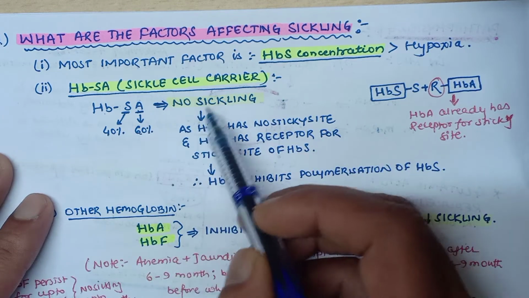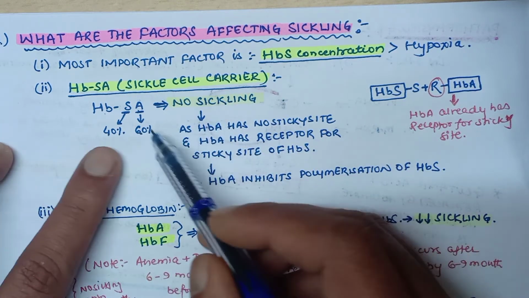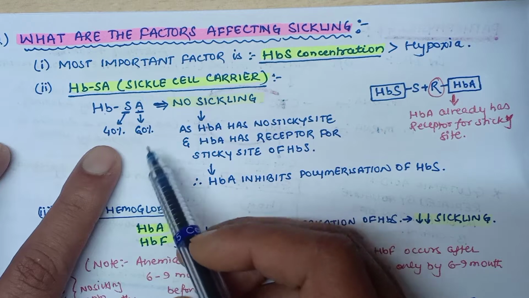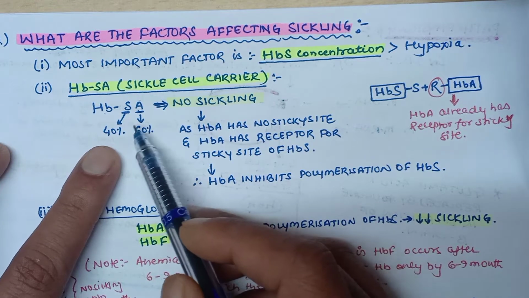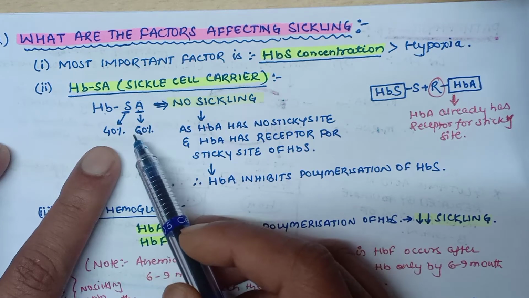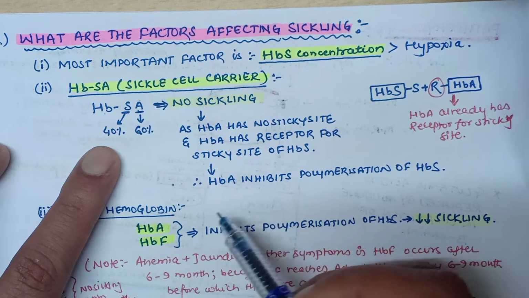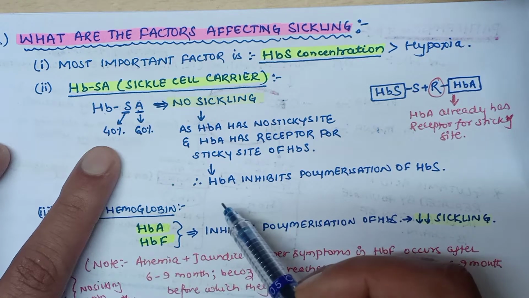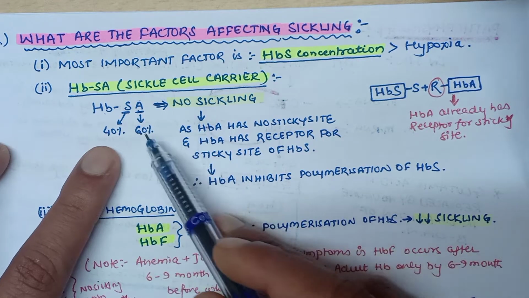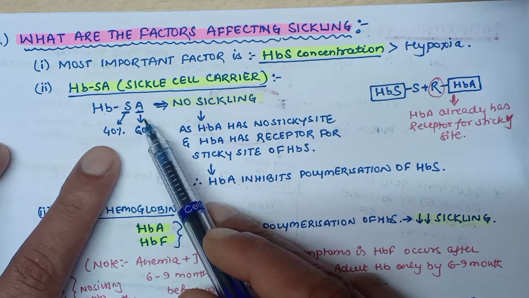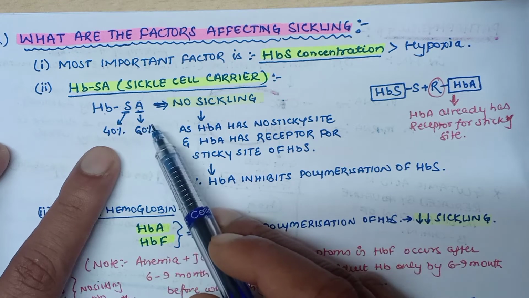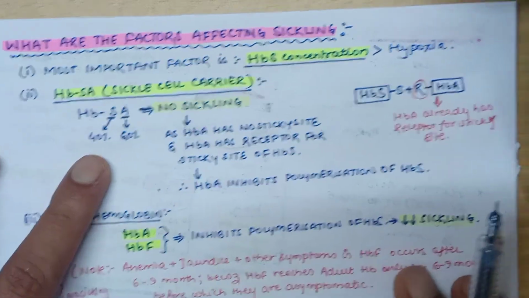So there will be no sickling, because this HbA already has a receptor for the sticky site, and this will inhibit the polymerization of HbS. HbA has no sticky site.